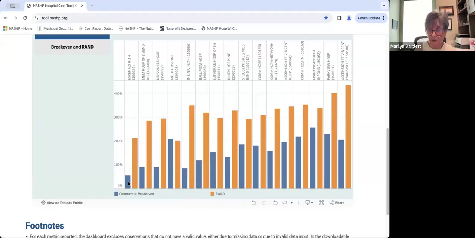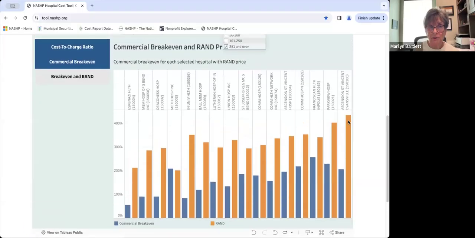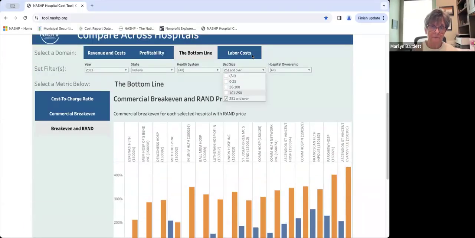And the reason is Eskenazi receives government appropriations that aren't included in net patient revenue, but come in later. So it's a government hospital, and government hospitals can be kind of tricky, and you have to drill into a lot of other data on them. Now, this particular hospital, Ascension in Evansville, it's the one we're going to drill down and look a little bit more at.